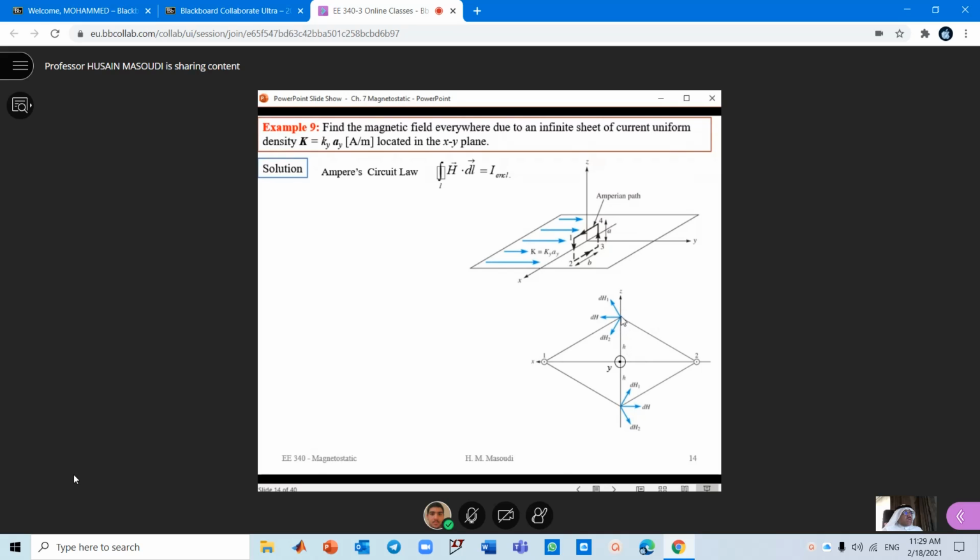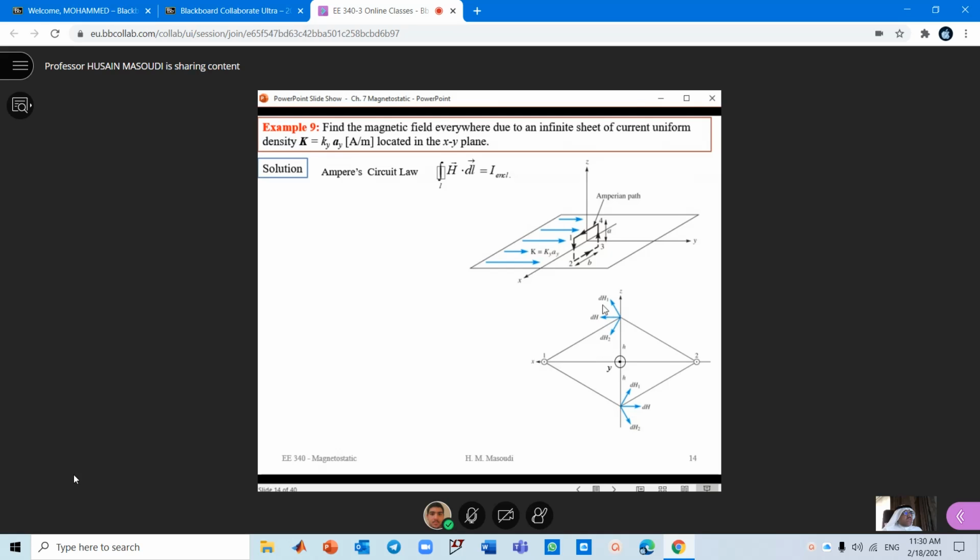Let's say we are measuring at H here, and later we are going to measure at the same point below, at minus H. Forget about the rest of the lines; let's concentrate on 1 and 2. If I want to find the magnetic field due to this line alone at this observation point above the sheet, applying the right-hand rule, the field due to this one points along this direction. For number 2, the magnetic field points down.